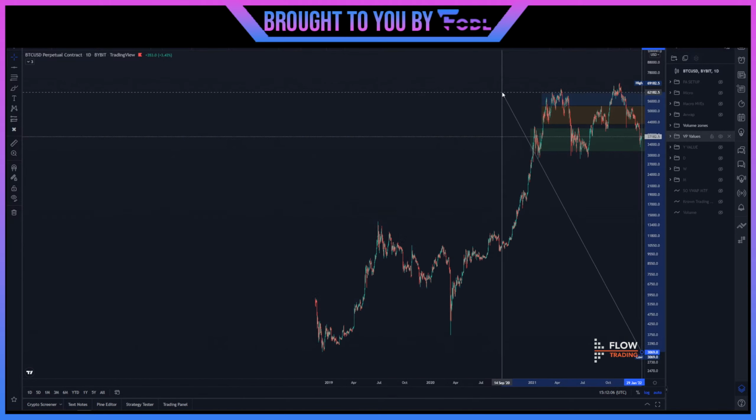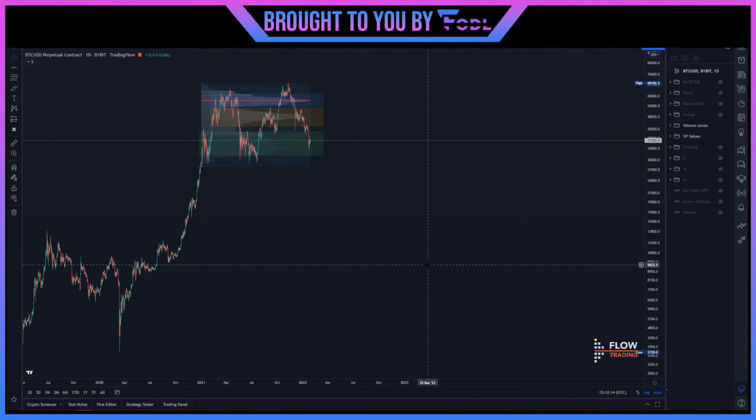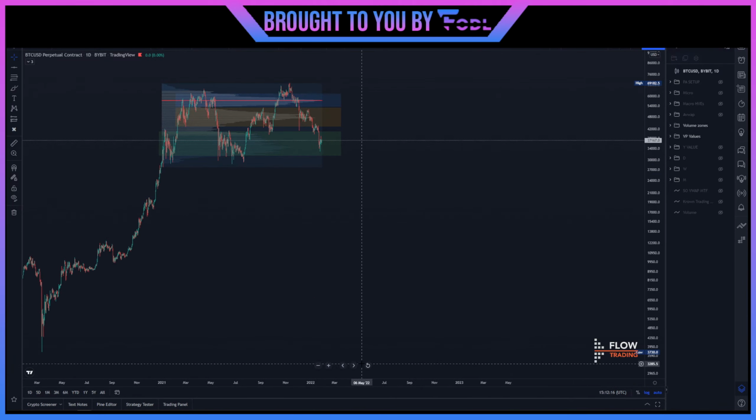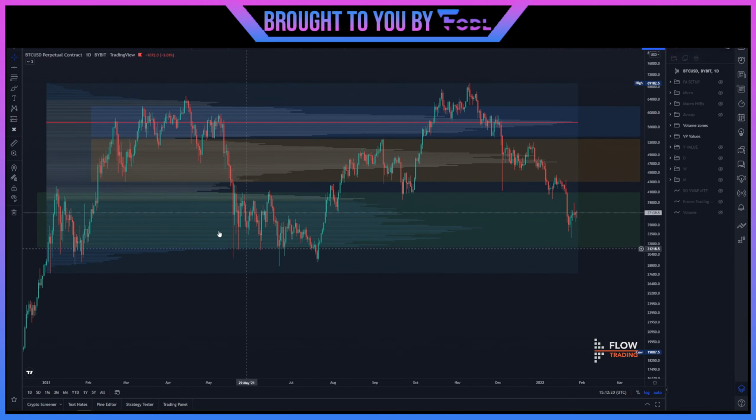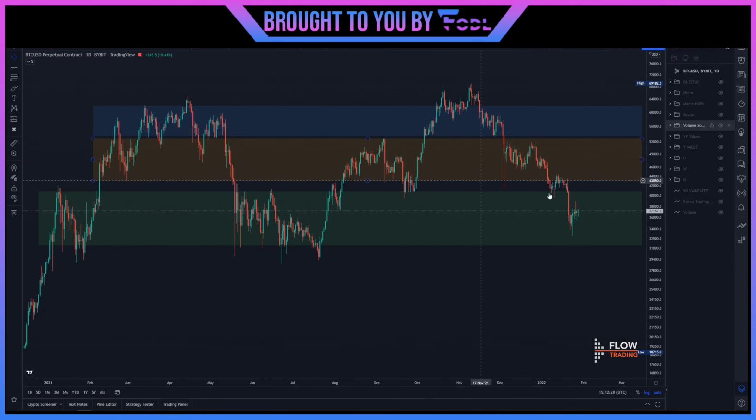So let me put it back to the 1st of January, sorry, 2021, and you can see now what it is that we're doing here. Okay, so you see there's one volume cluster, another one, and another one there, and I've put 3 rectangles there just so that it makes it easy to identify, and we are essentially in the middle of one of the clusters.